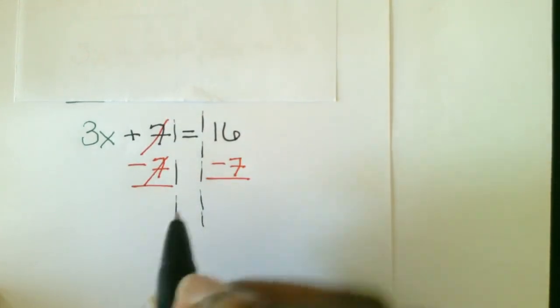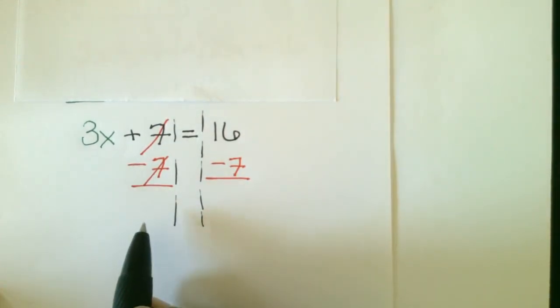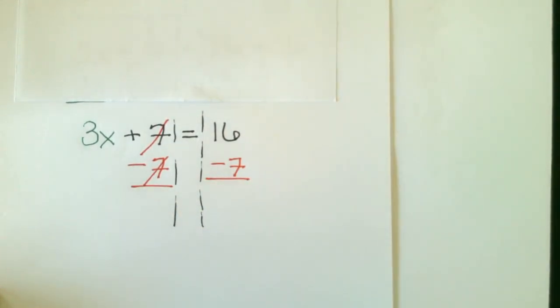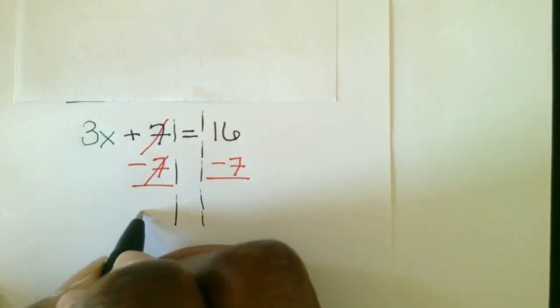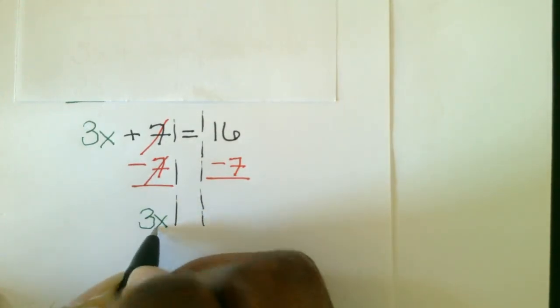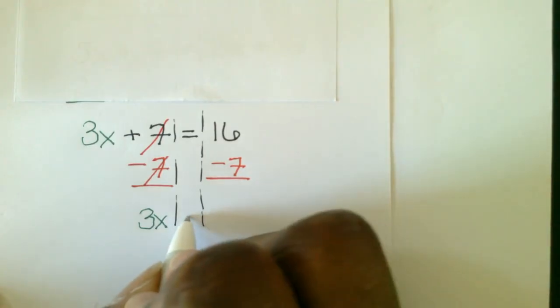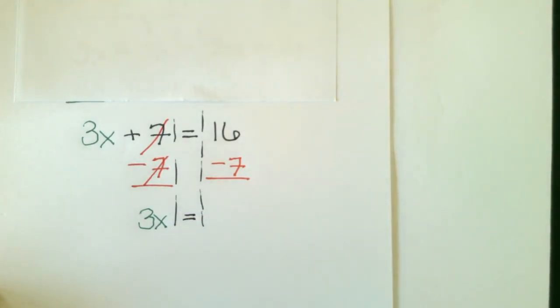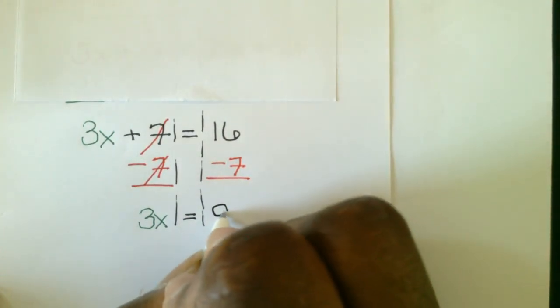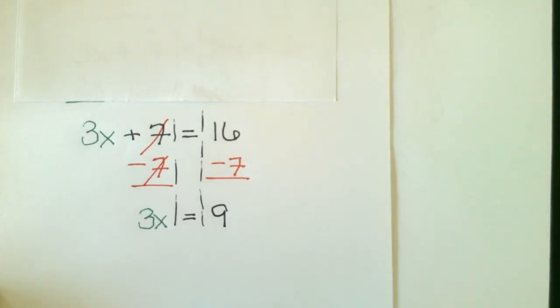So positive 7, negative 7 gives me 0. But I don't need that placeholder of 0 because I still have my 3x that needs to come down. And then 16 minus 7 gives me 9. A positive 9. There you go.